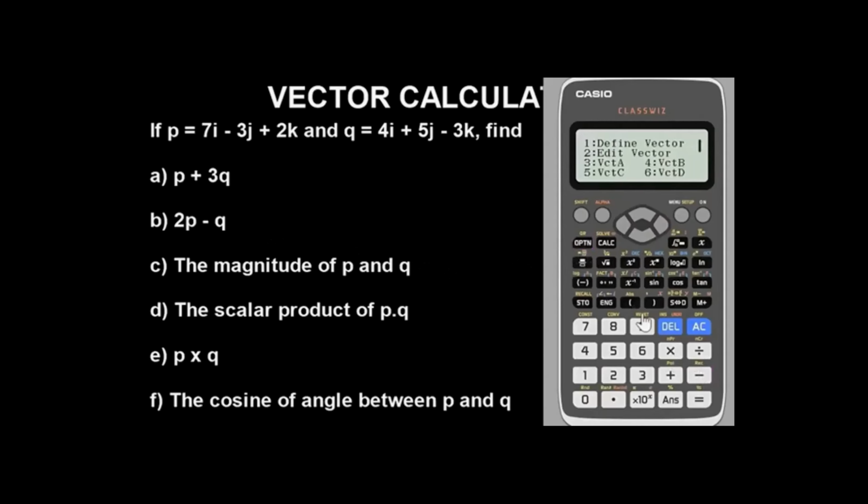Go back to option, which is 4, press equal to. So the answer is the value 10i minus 11j plus 7k. So guys, this is the answer for this subtraction of the two vectors.